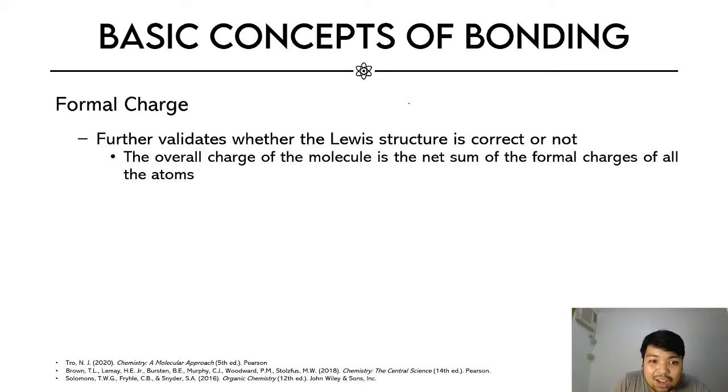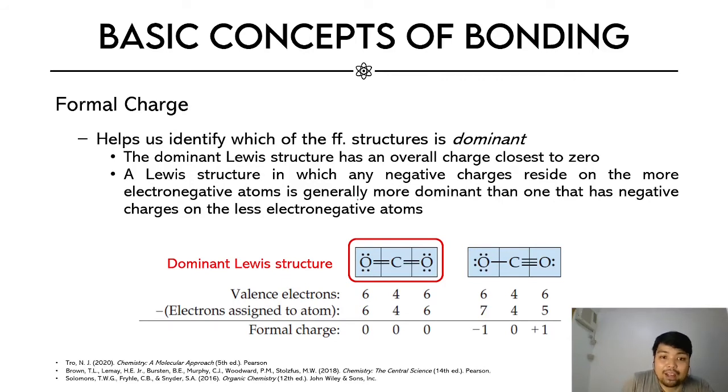So let's go back to this. How can I say that this is the correct Lewis structure of carbon dioxide? It's because all of the formal charges here are 0. So we know that carbon dioxide's overall charge is 0.